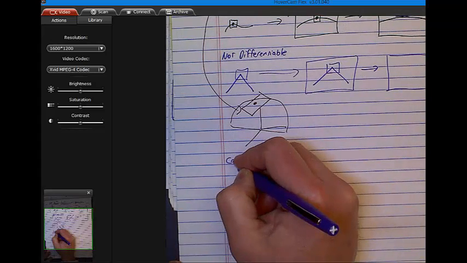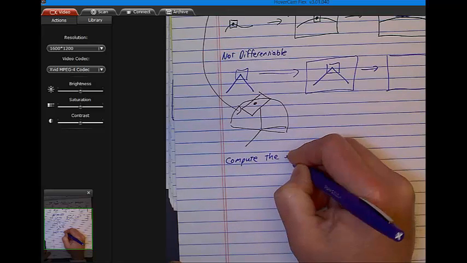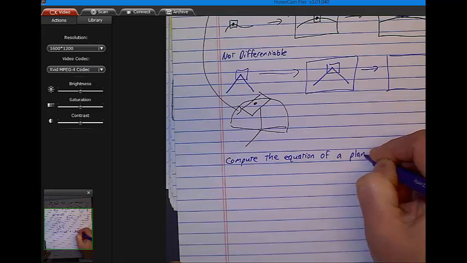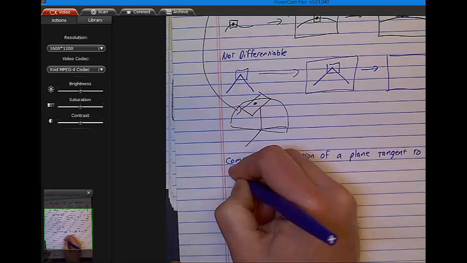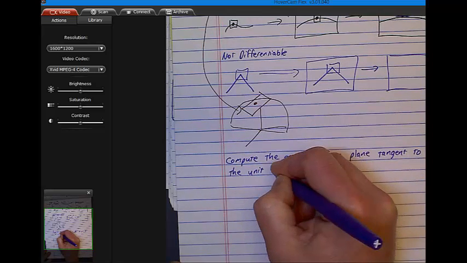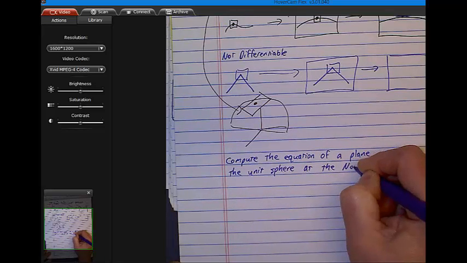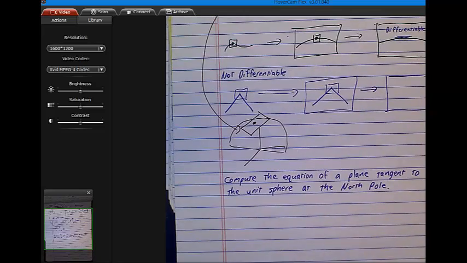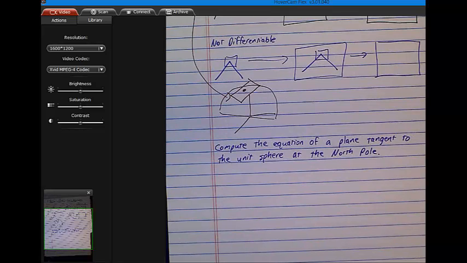Let's compute the equation of a plane tangent to the unit sphere at the North Pole. Let's do that. Any way to start? What equations come to mind?